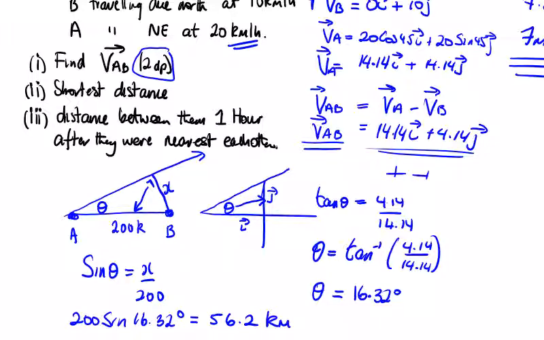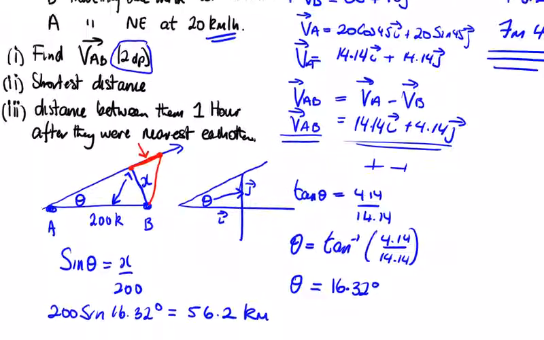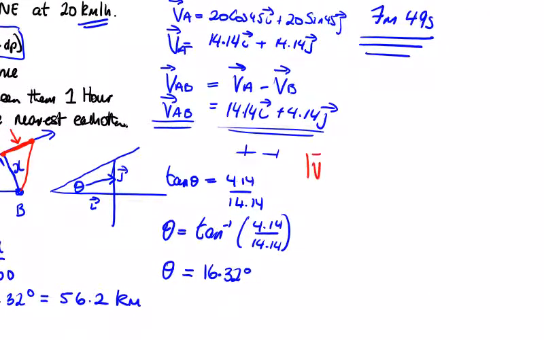So the distance between them 1 hour after they were nearest, so it's going along this direction. 1 hour after they were nearest each other, we need to get this bit here. So if we get the magnitude, in 1 hour it will travel, the magnitude is in kilometers an hour, so the magnitude of the velocity of A relative to B, square root of 14.14 squared plus 4.14 squared, is 14.734, and that will be in kilometers an hour.